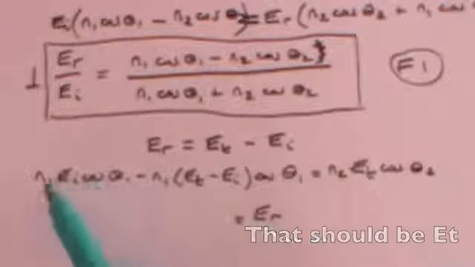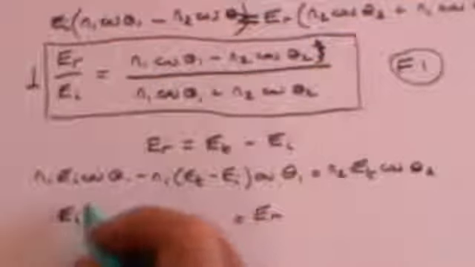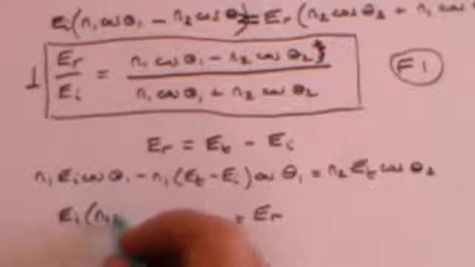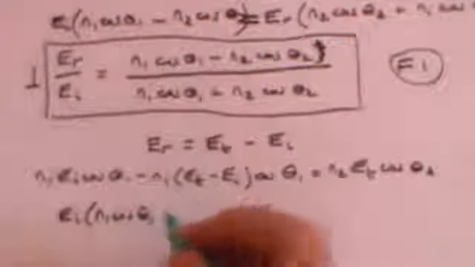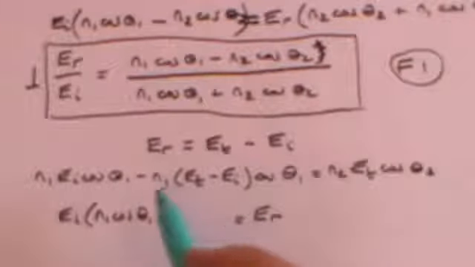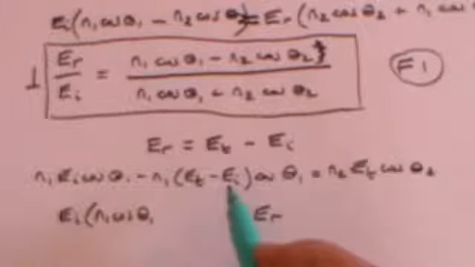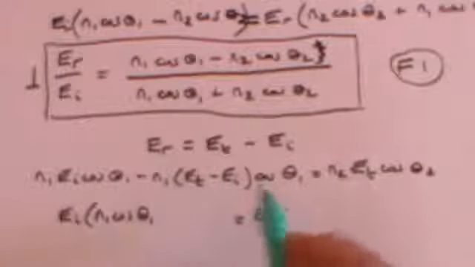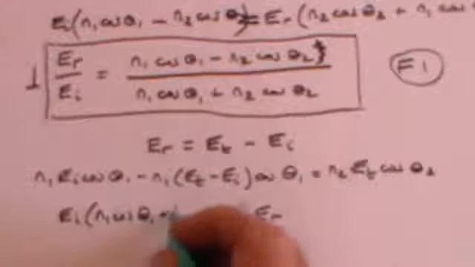So here we've got an N1 cos theta 1 for an EI term, and then we've got a minus minus, which is a plus N1 cos theta 1.